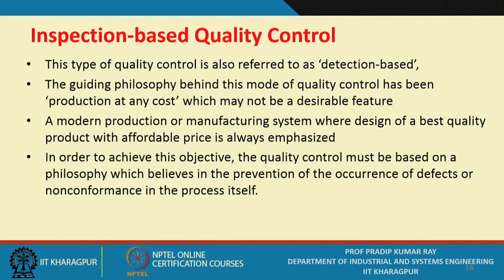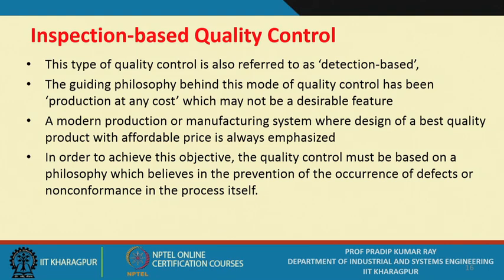First you produce, then you will see, and if defectives come, we will be prompt enough to detect them and remove them. That is the sort of system we have. So in order to achieve these objectives, quality control must be based on a philosophy which believes in the prevention of the occurrence of defects or non-conformance in the process itself. So what is this philosophy then?